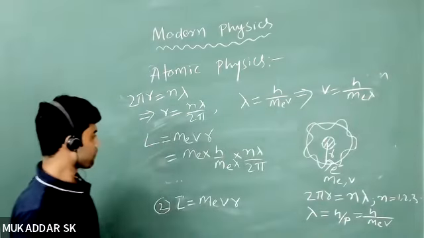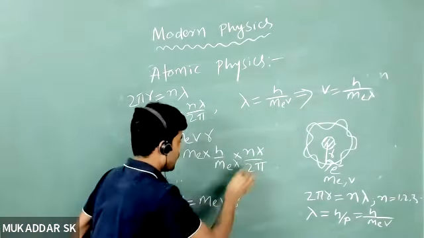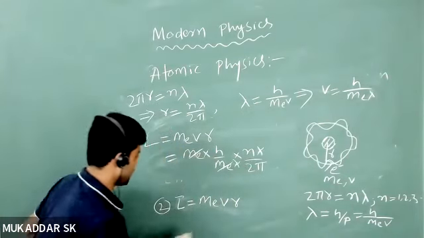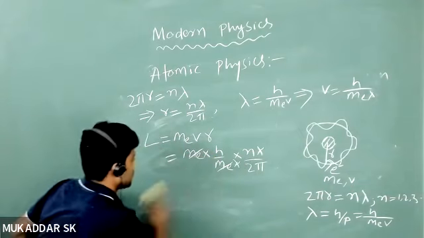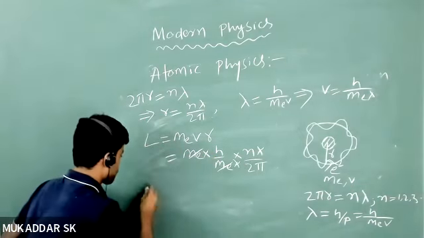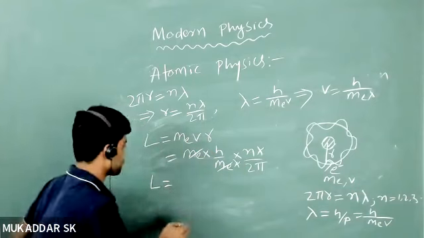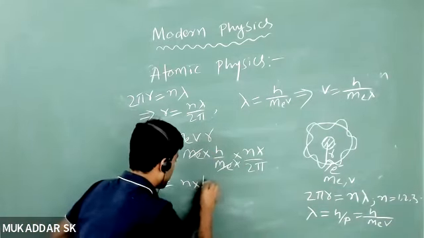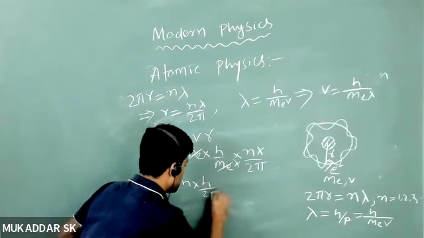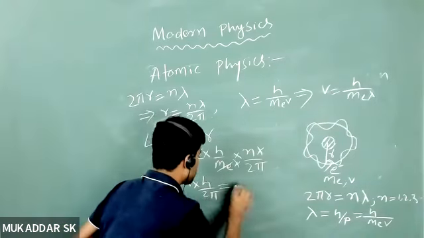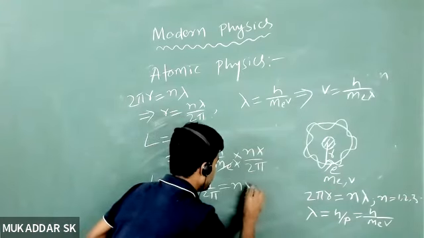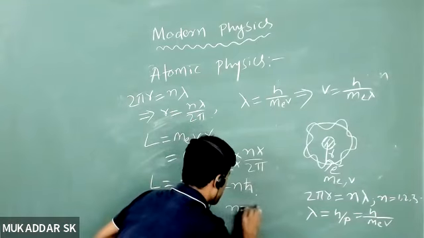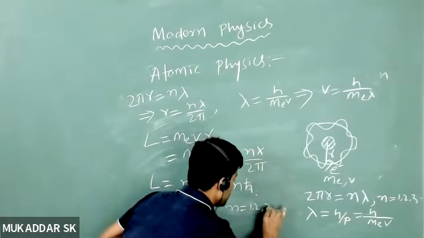Now you see lambda will be cancelled, m_e will be cancelled. Simply, L will be n into h by 2 pi. h by 2 pi is the reduced Planck constant, so you can write L equals n h-bar, and the n value can be 1, 2, 3, and so on.